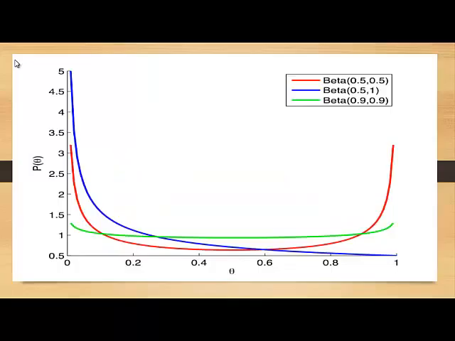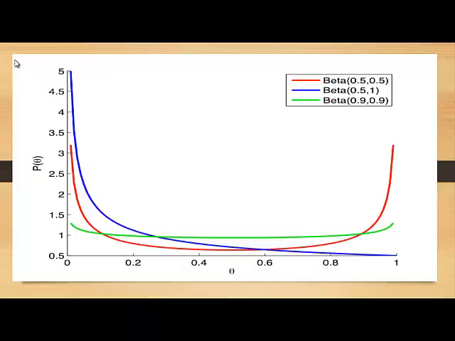Now if you start using numbers below 1, then you have a negative power of theta and 1 minus theta. So near 0 the density starts going off to infinity, and near 1 it also goes off to infinity. So it goes off to infinity near both ends as you use numbers below 1, and it becomes a cup-shaped function.